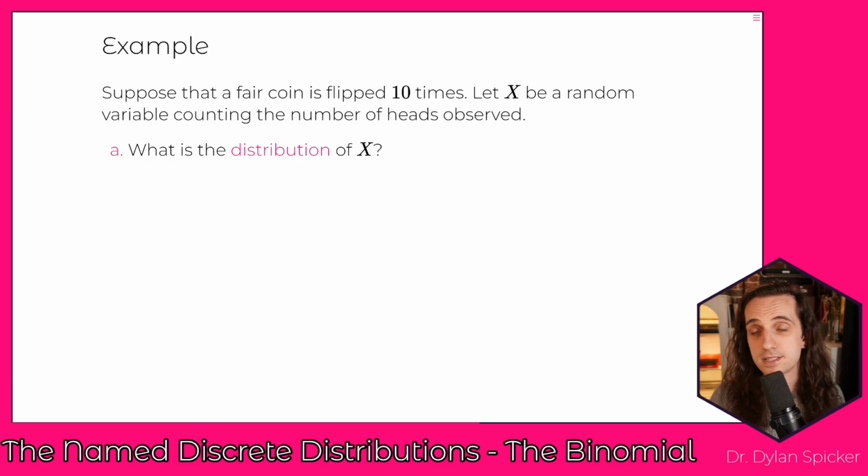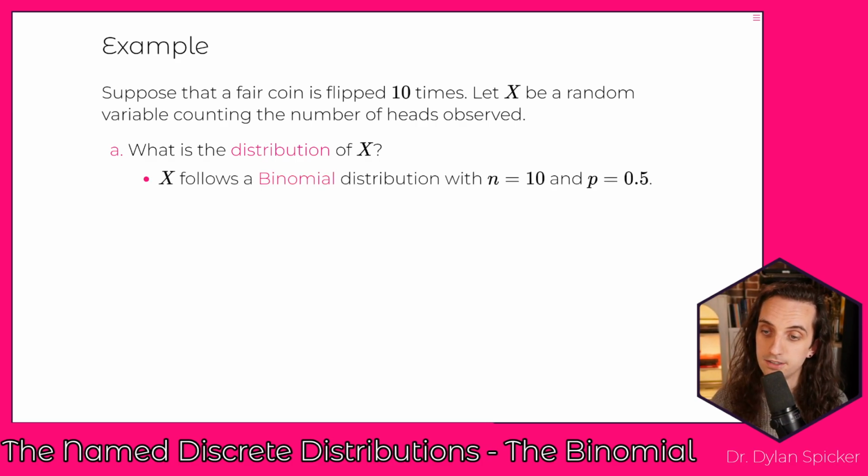So there are 10 times that we repeat this experiment. And as a result, this is going to be a binomial distribution. In terms of the parameters, we know that there are 10 trials being performed, so n is equal to 10. The probability of success on any given trial is going to be 0.5 because it's a fair coin. So this is binomial with n equals 10 and probability of success being 0.5.